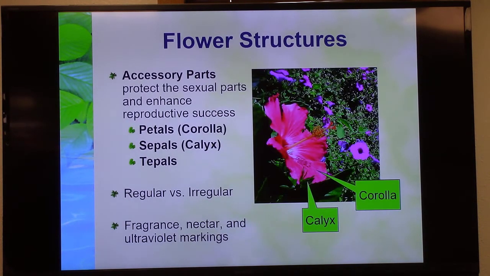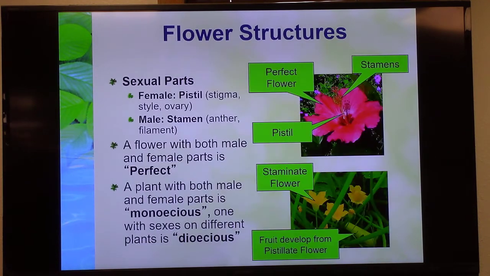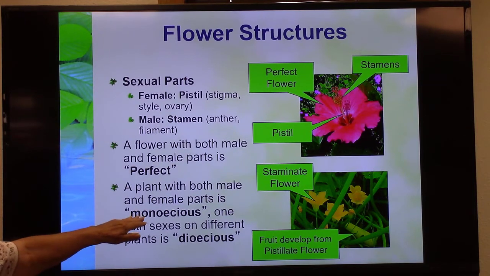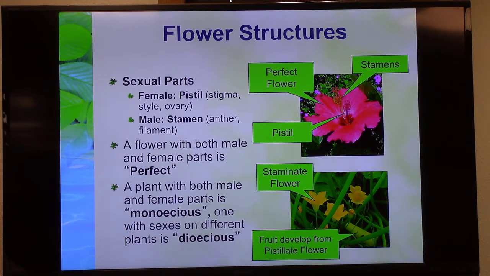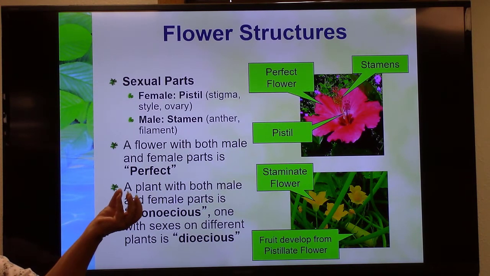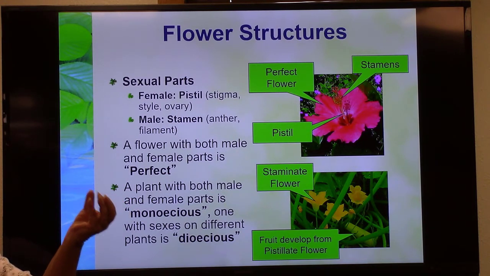Okay. Oh, another example of that: squash. Squash is a monoecious plant, but the flowers are either male or female. The female squash flower has the little squash visible right behind the flower, a little miniature squash.